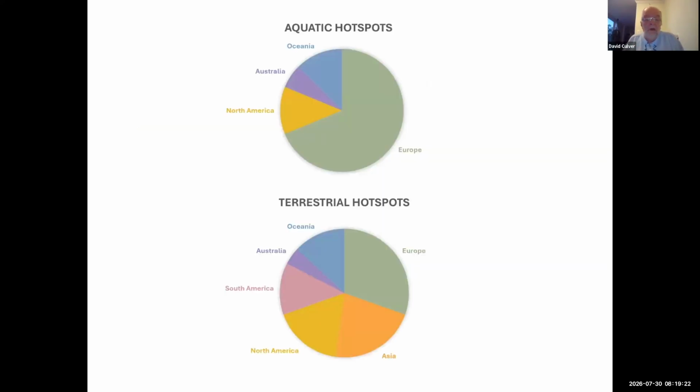So here's a map of a pie chart. Some of you know I love pie charts. And this simply shows you the distribution by continent. Oceania is to include sites like the Canary Islands, which is politically part of Europe and geographically part of Africa, but Canarios probably just see themselves as Canarios. Anyway, I put those separately. You can see that for the aquatic hotspots, the majority, nearly three-quarters of the sites, are European.